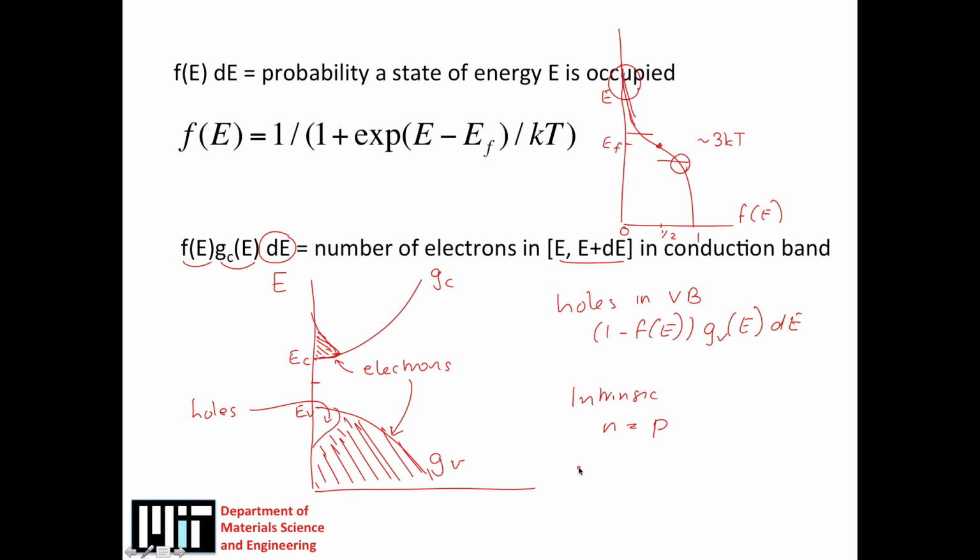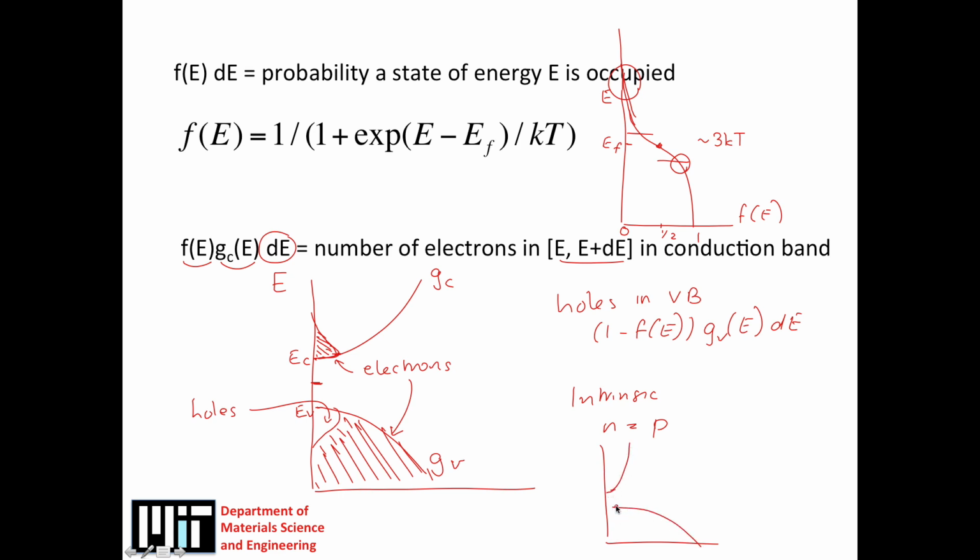So if you look at this plot here, you can see that when GC and GV have the same shape, the same slope, then everything is symmetrical and the Fermi level must be right in the middle. But suppose we had a very different effective mass. Let's look at a situation like this where the effective masses are very, very different.